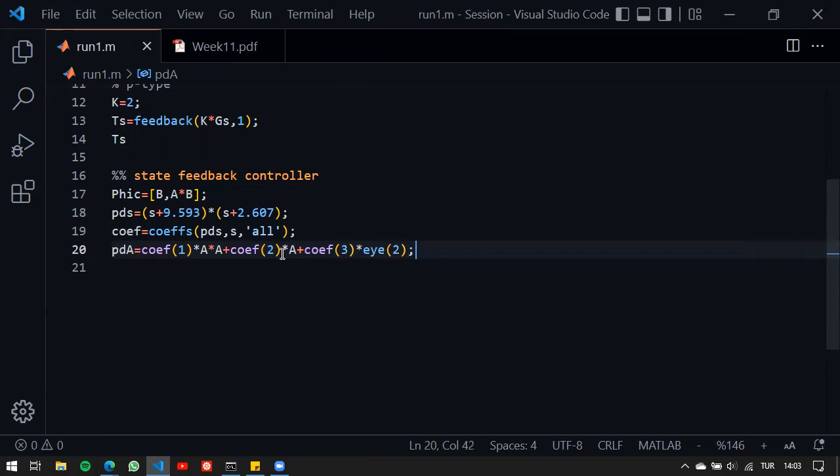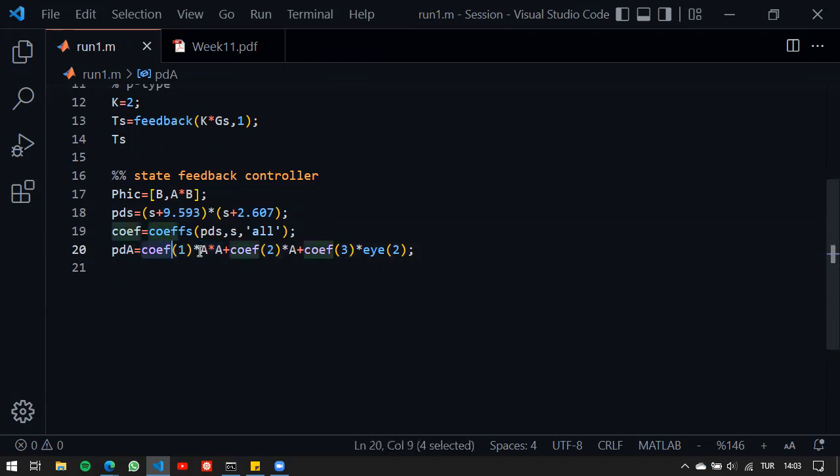So by PDA, I mean this. I take all the coefficients. I know that this is a second order polynomial. Therefore, there will be s squared, s, and the constant term. I'm taking those coefficients. Instead of s squared, I plug in A times A, which is A squared basically. But I'm showing you that this is a matrix calculation.